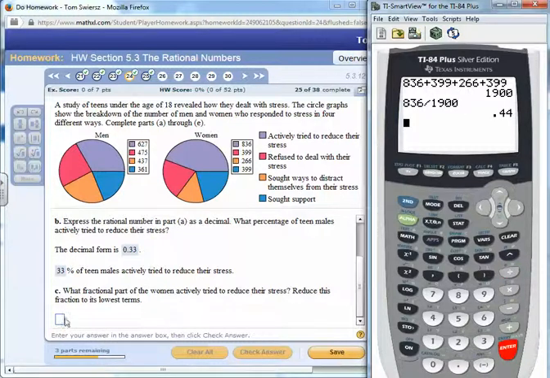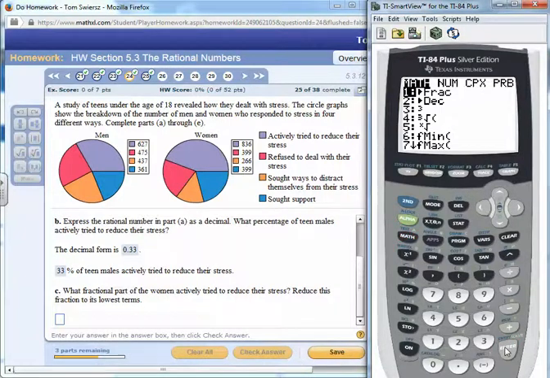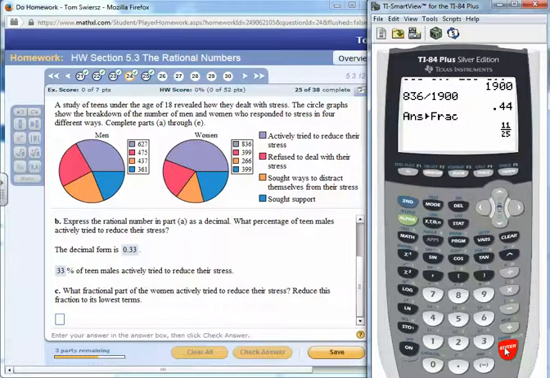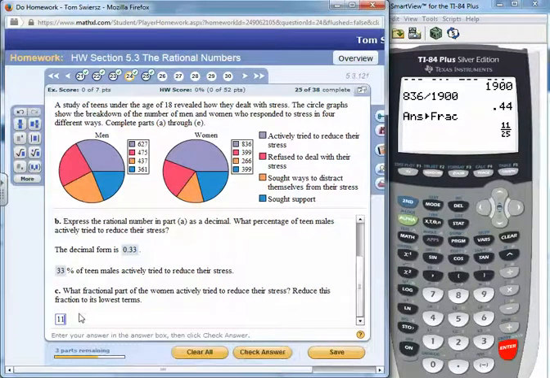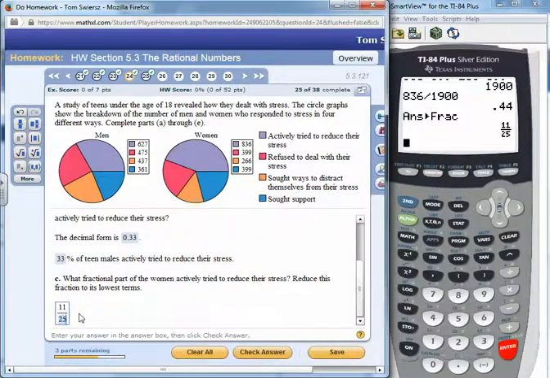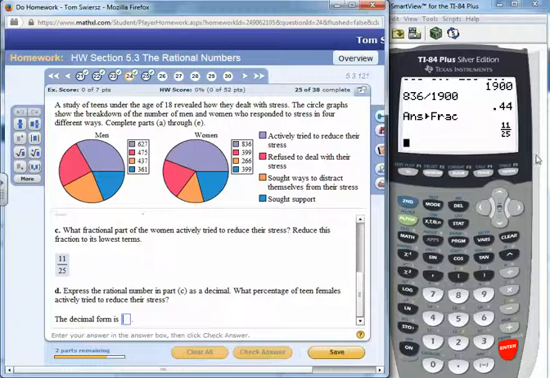We get 0.44. So it's math, enter, fraction, and notice 44 over 100 reduces to 11 over 25. The nice thing is the calculator automatically gives it in reduced form. So that's 11 over 25. The decimal form was 0.44.